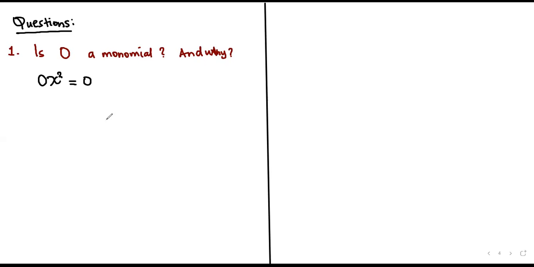And also, since we said that a monomial is any number, and we know that 0 is a number, then we know that 0 is a monomial. So we say, therefore, 0 is a monomial. Okay.